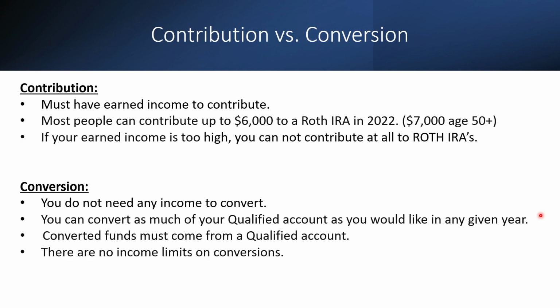There are many reasons why we would want to do that. We're going to leave that for another day, but these are the two ways of getting money into a Roth, and we're typically going to use the conversion method because of the limit availability and also the income, that we don't have to have income to do it.